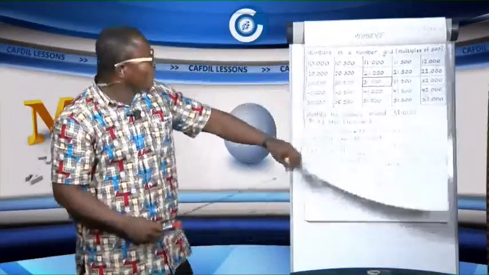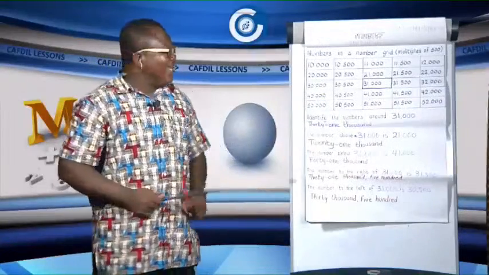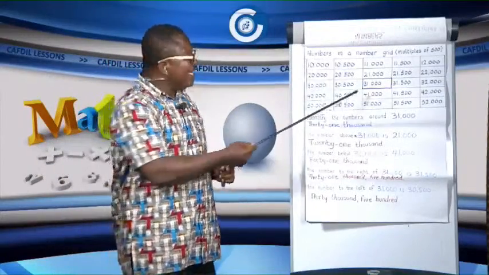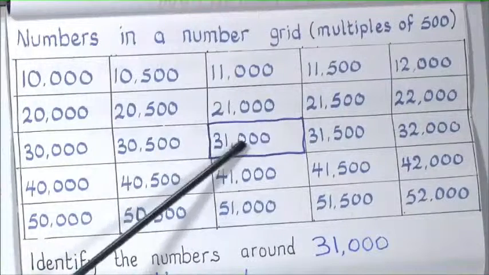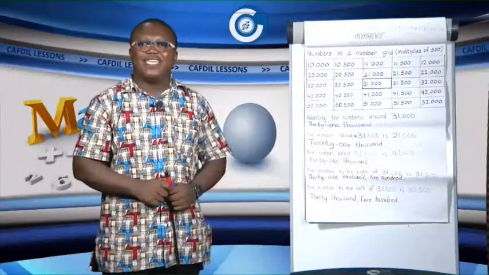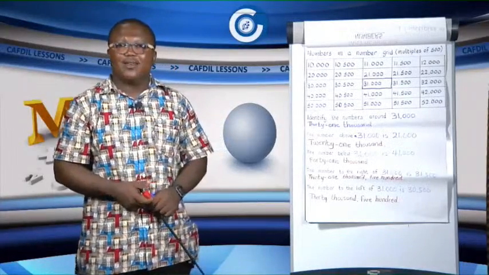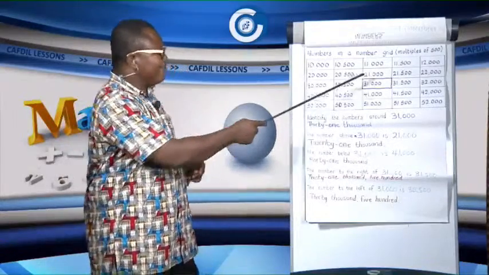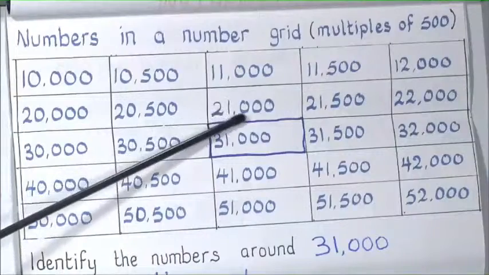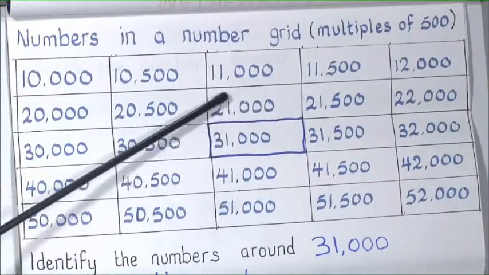Learners, you can see that from what we did, we took this number and we tried to identify the numbers around this 31,000. And these are the numbers that we have seen. The one which is above the 31,000 is here, 21,000.